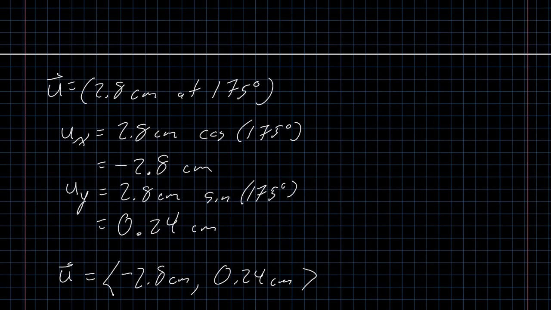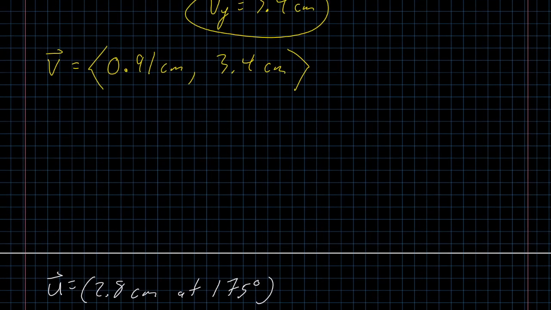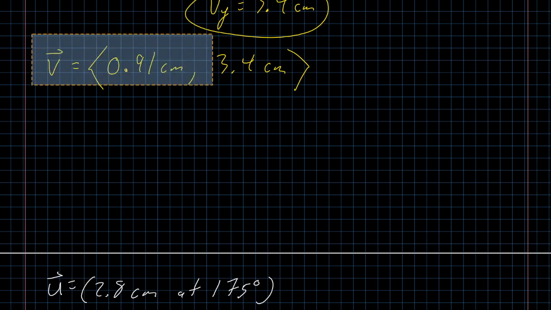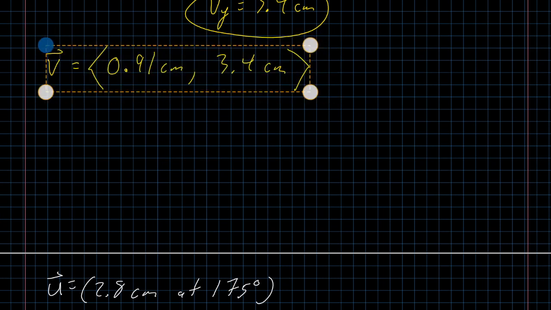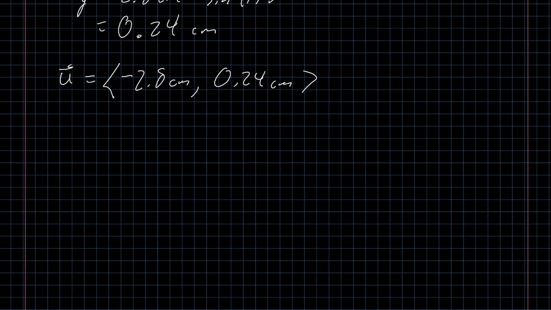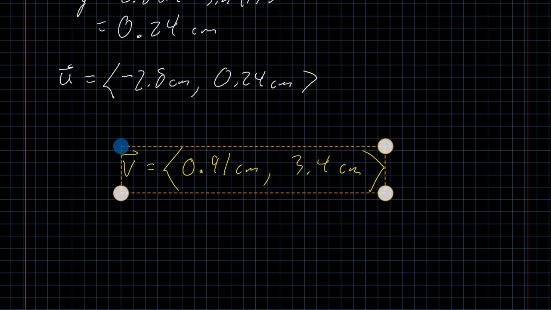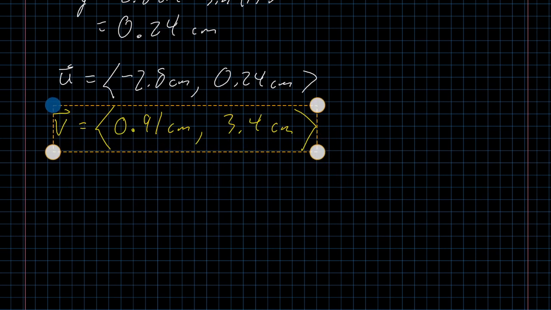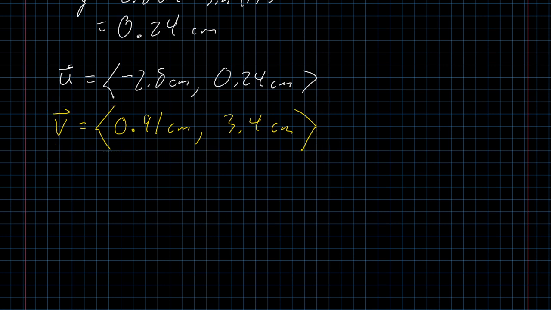Now, if I scroll back up and borrow that value of v that I figured out just a few moments ago, now that I have my vectors broken down into components, I can go back to that heuristic rule that we used previously.